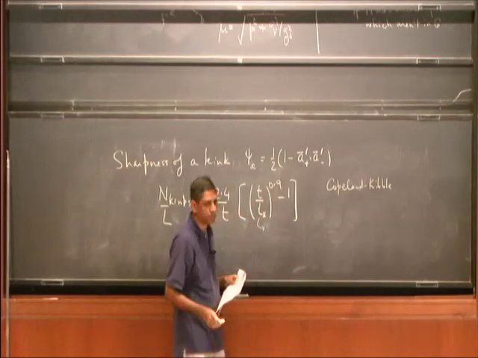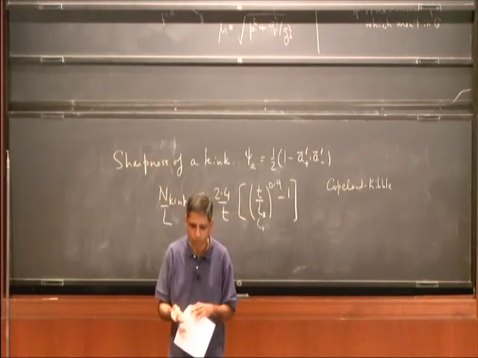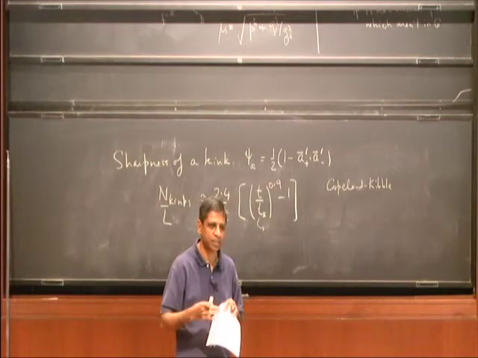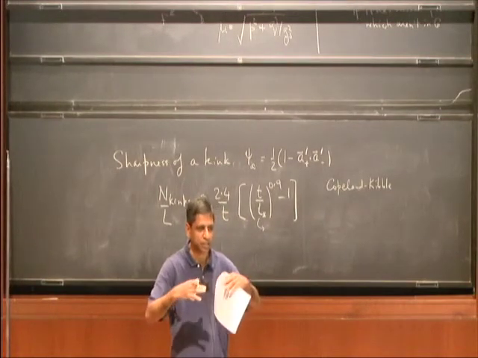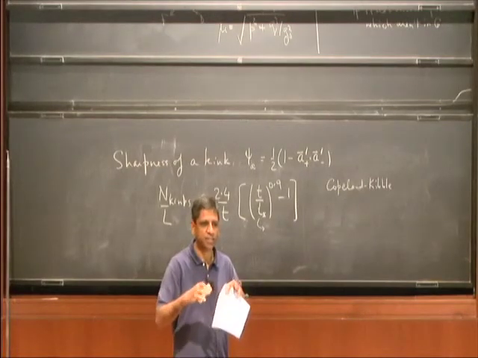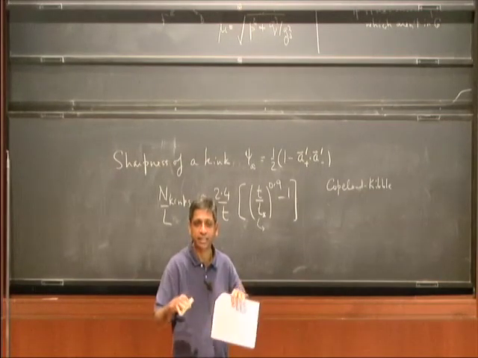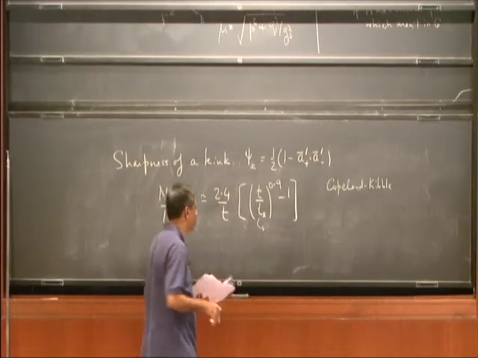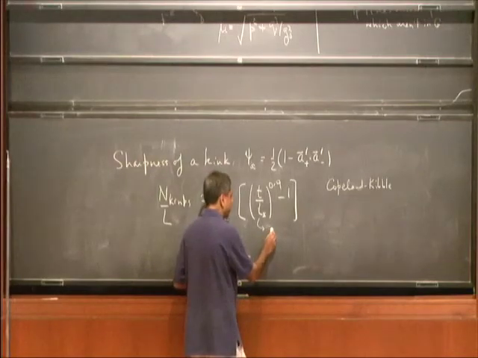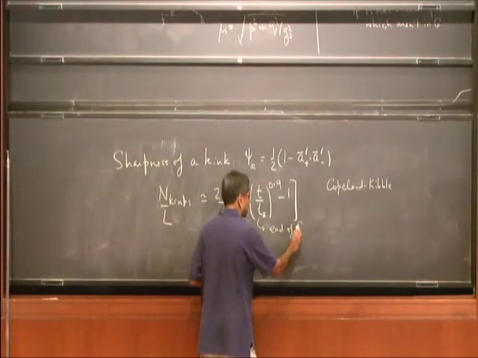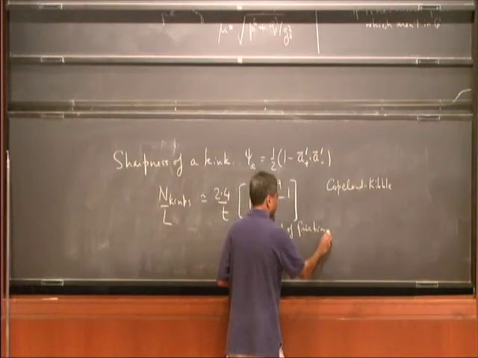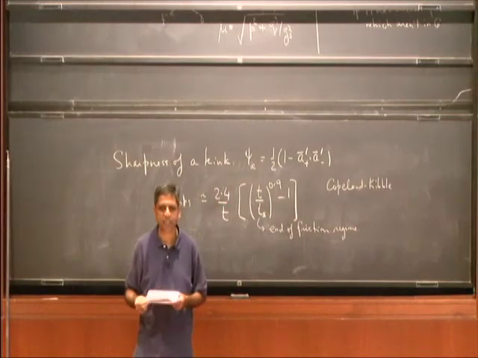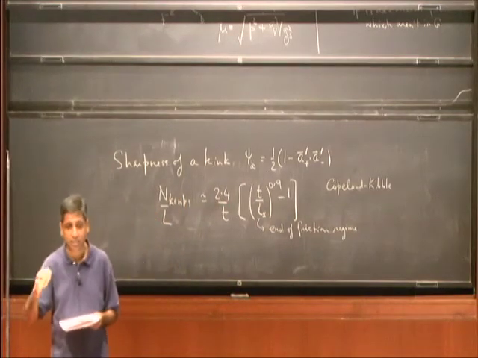I did not mention, when strings first form, there's an ambient medium, and that gives a lot of friction on the strings and is very efficient at smoothing out the string. But after a while, the medium becomes less dense, and this process stops, and then the strings are free to move around without friction. So this is the end of the friction regime, and this is also very early. So you see there's a huge number density of kinks on the string.